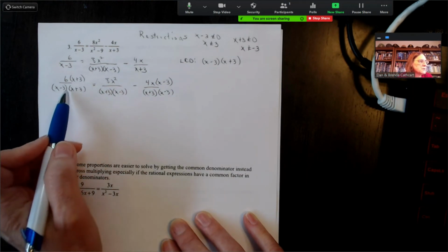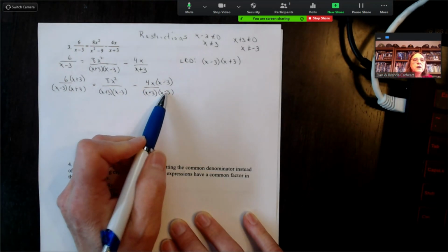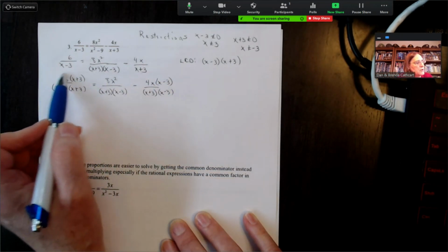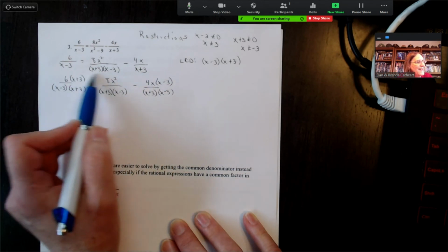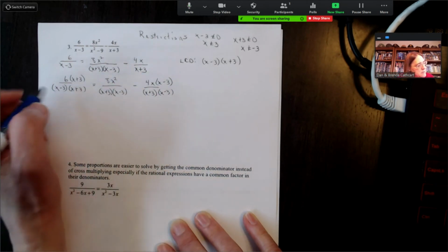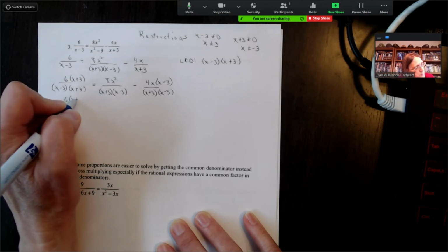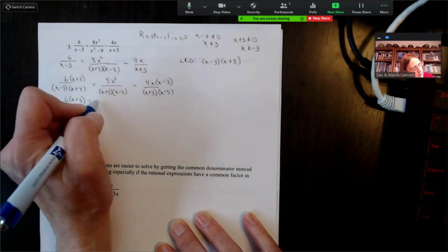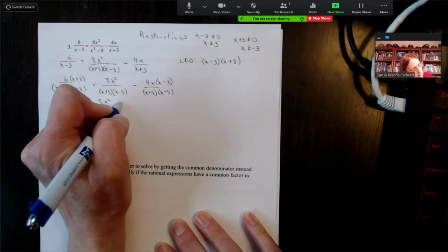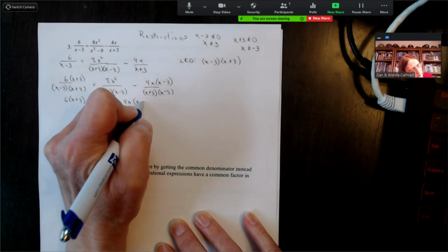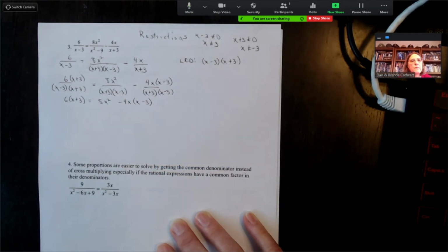Now again, since I have the common denominator, all I need to check now is to make sure that the numerators add up. That 6 times x plus 3 equals 8x squared minus 4x times x minus 3.